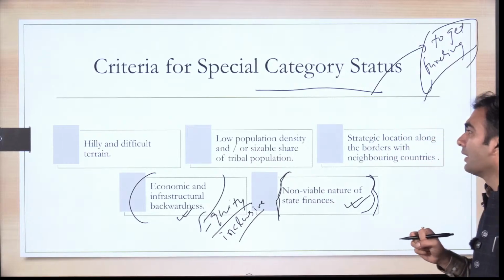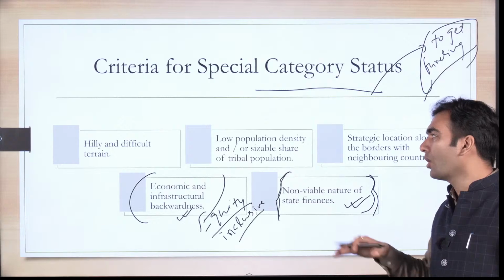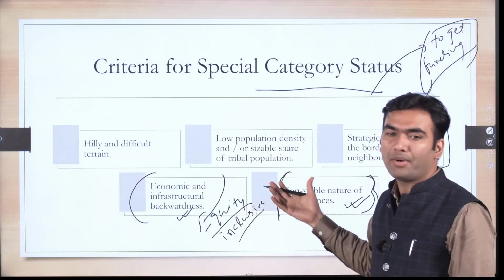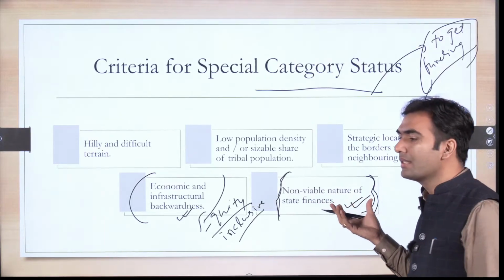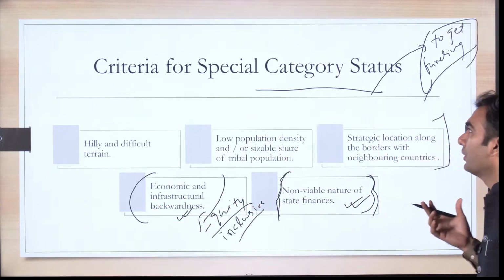But obviously the first three criteria, neither the strategic location, nor the population density, nor the hilly and difficult terrain, are satisfied by these two states. So that's why probably the central government is not willing to provide special category status to these states.